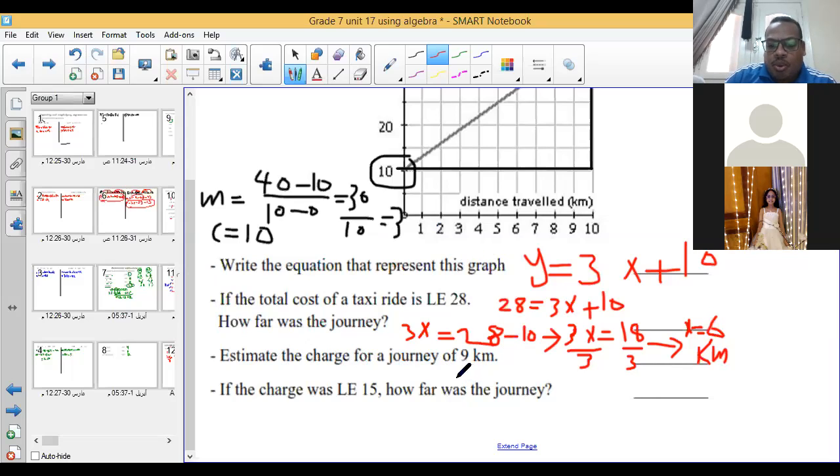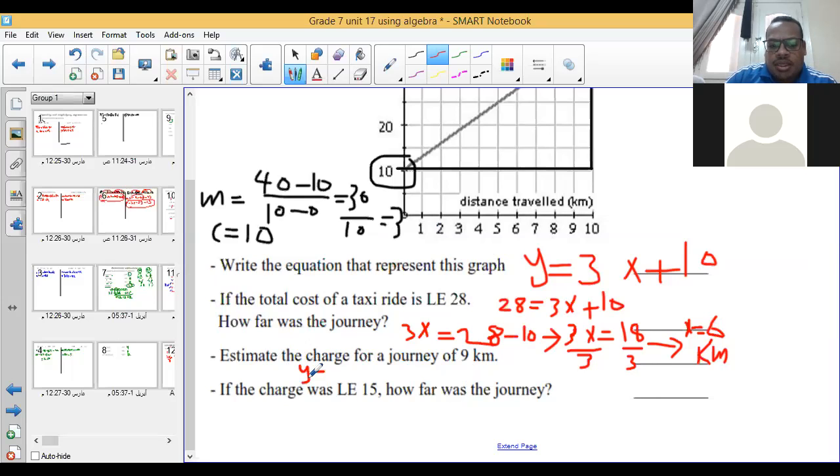So here y equals... Yes, Mr. Mahmoud. For this question, he said estimate, so we can make it on the grid.